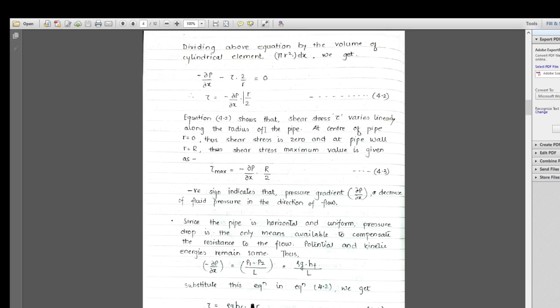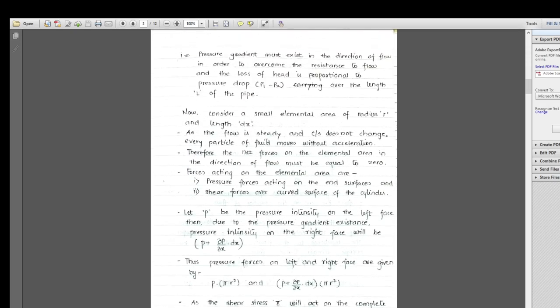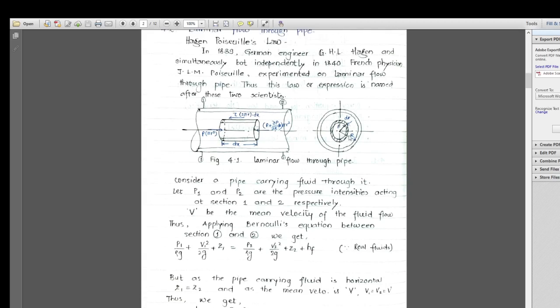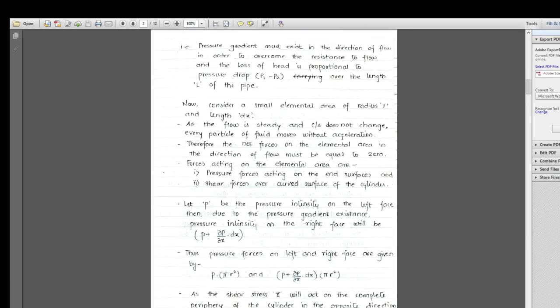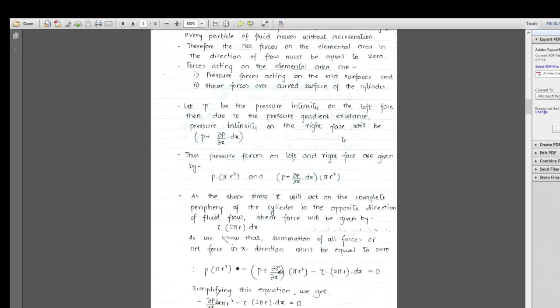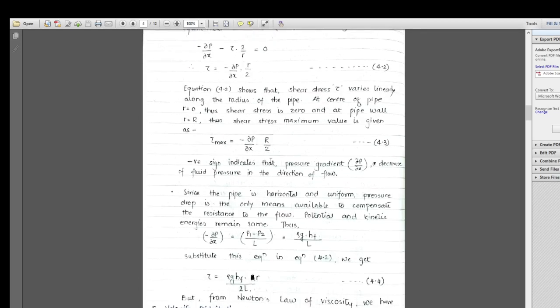You can see at the center of the pipe r is equal to 0, thus the shear stress is 0, and at the walls of the pipe r is equal to capital R. So the shear stress will be maximum at the pipe wall.